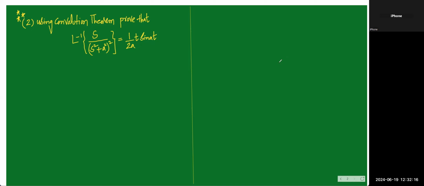So here again we have to assume two functions.